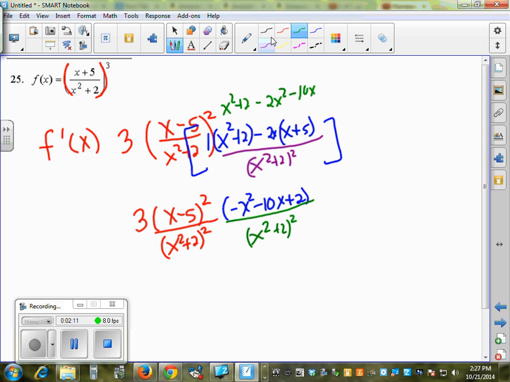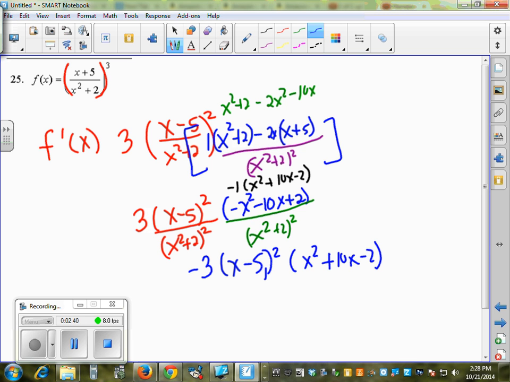My thinking is probably if this were a multiple choice question on the AP, they would want us to factor out a -1 here. I don't think this factors, so you're going to end up with 3 times -1, -3, x minus 5 squared, x squared plus 10x minus 2 on the top.